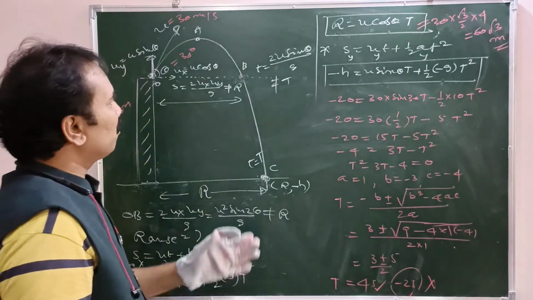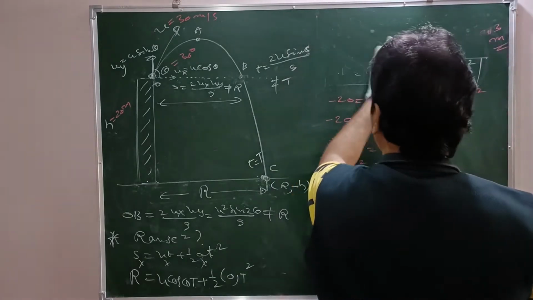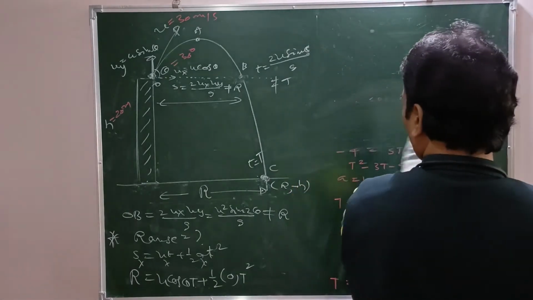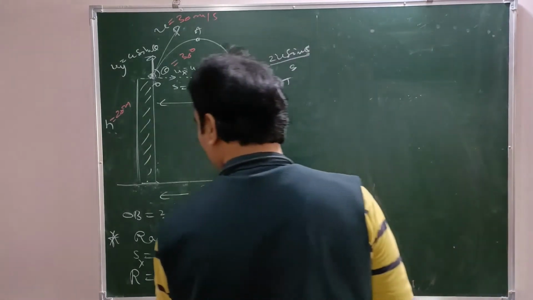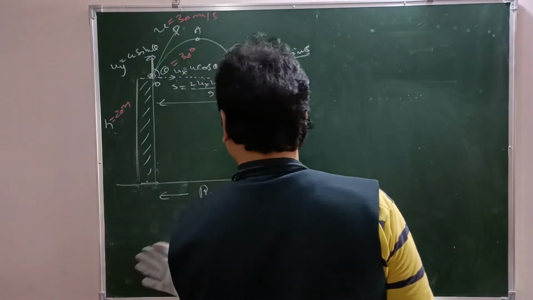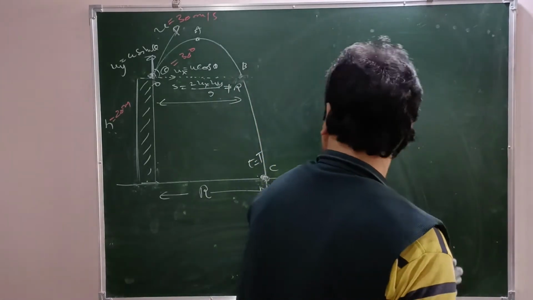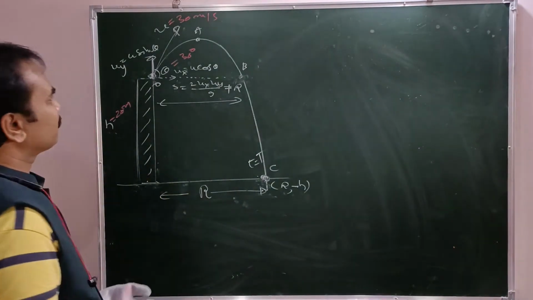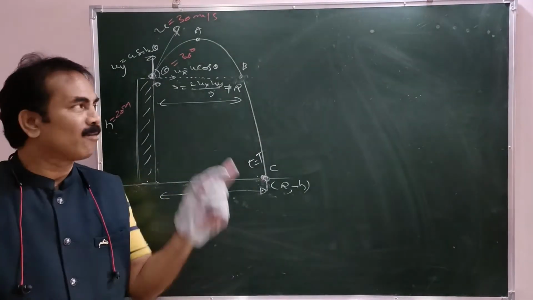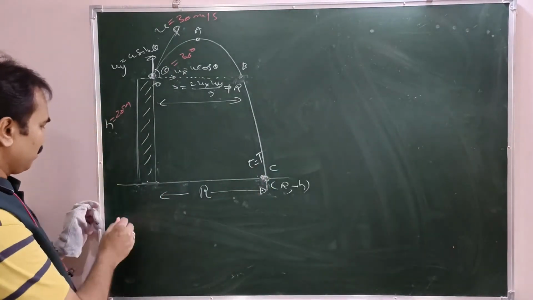Okay, so this time I want to explain that point. If you want to get that point, for what angle of projection here, for what angle of projection, range becomes maximum. See the question.